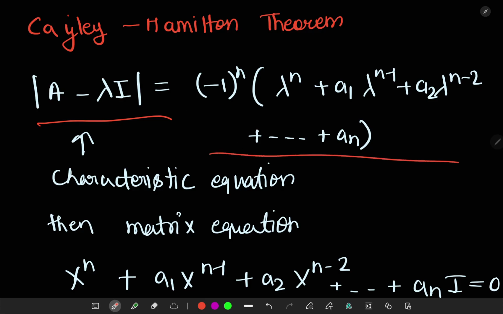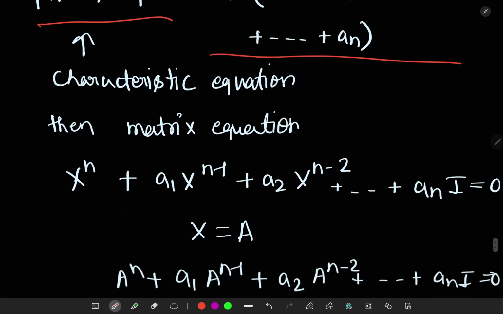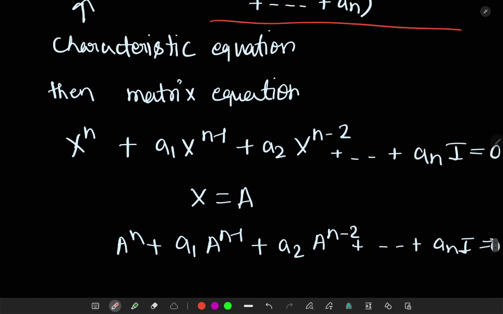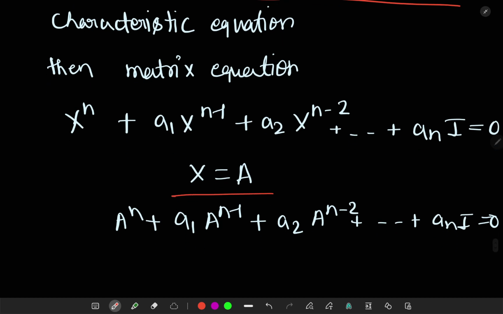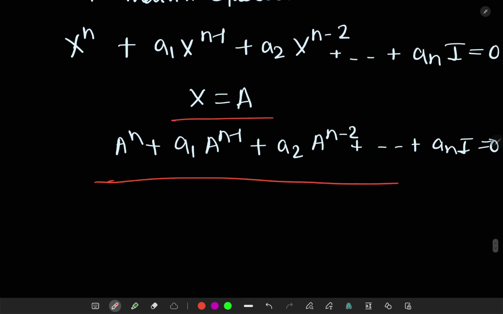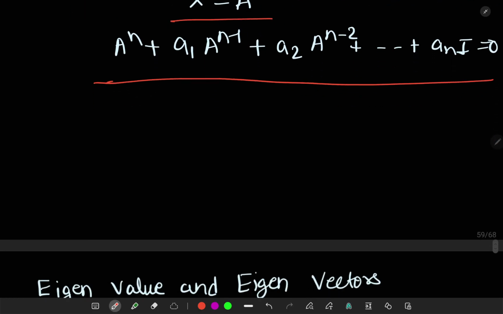On expansion we can write this, and its matrix equation is this. If this matrix equation is satisfied by x equal to A, then A raised to power n plus a1 A raised to power n minus 1 plus a2 A raised to power n minus 2 up to an I equals 0.